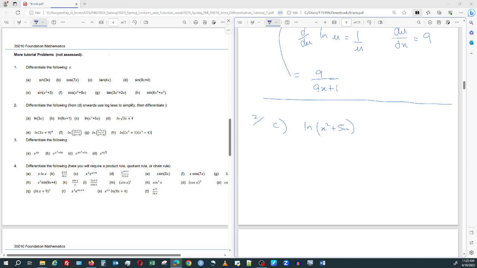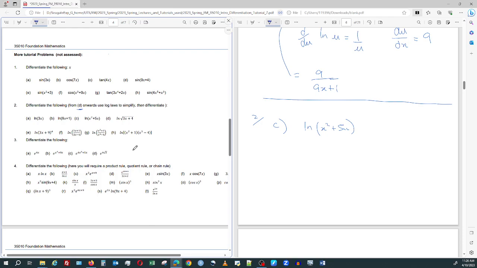Okay, so that's that one. Alright, sorry, I'm just checking things as I go, just to make sure. Look, it says simplify the log laws from D onwards, so you'll notice that from D onwards, okay? Just for that part.